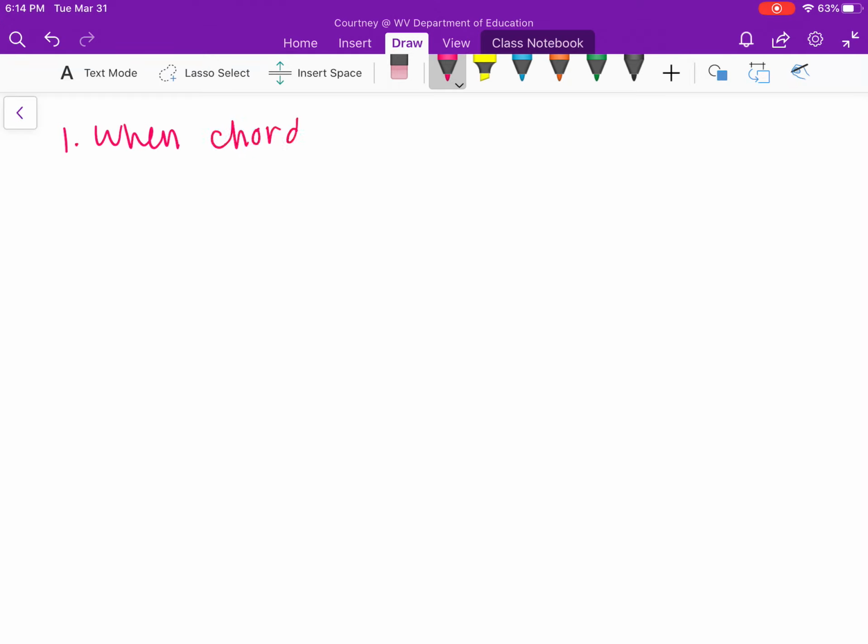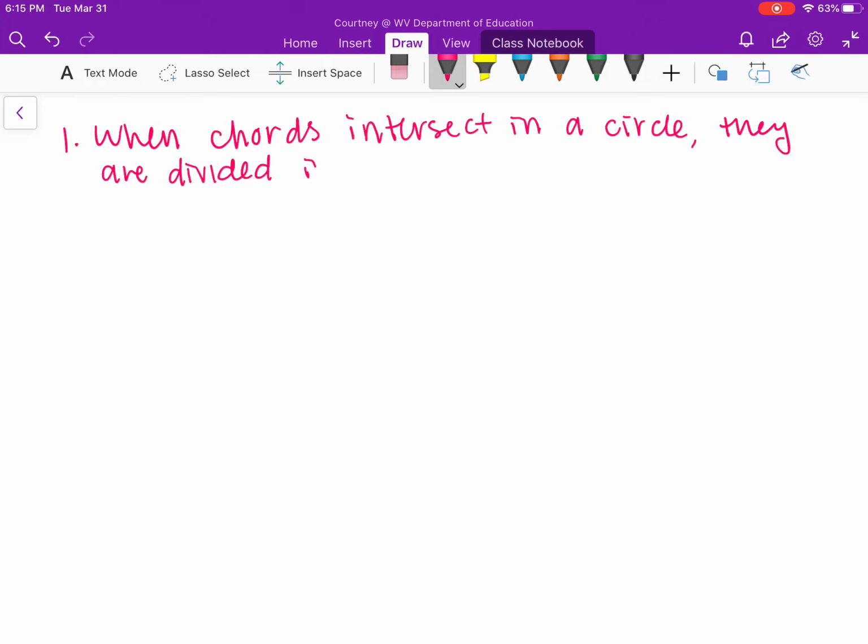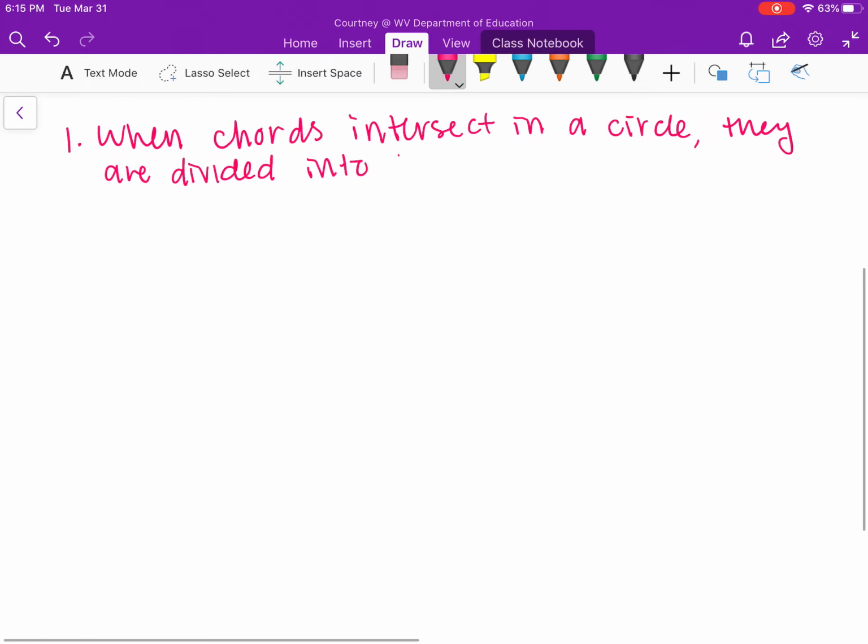When chords, what's a chord? It's a line that goes through a circle, but doesn't go through the center. When chords intersect in a circle, they are divided into 2 segments.